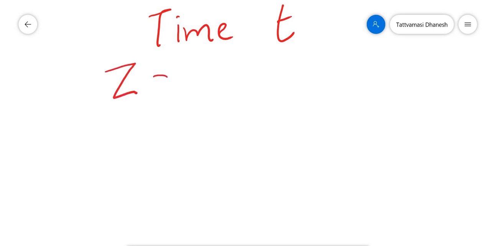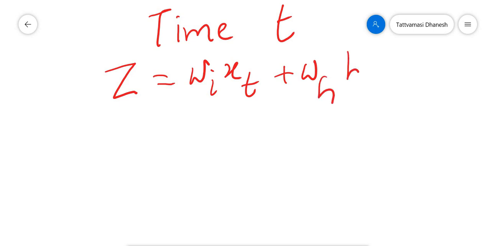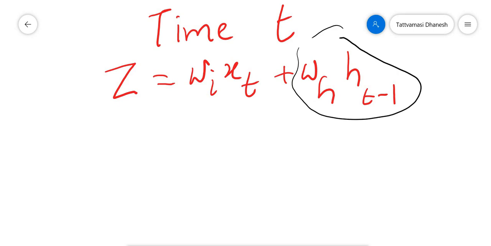So z equals Wi x(t) plus Wh h(t-1), the parameter sharing from the successor, plus bh, the bias which I didn't show in the figure. This is the weighted sum. Now, what is h(t)?